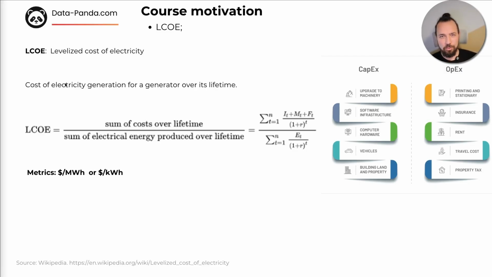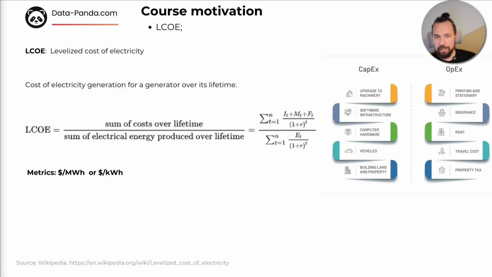And that's the reason why you will see it very often in metrics like dollars per megawatt hour or dollars per kilowatt hour, because it makes it much easier to compare, because people buy in the same metric, like you pay for kilowatt hour or watt hour or whatever. So the simplest form of LCOE is just total lifetime cost divided by total lifetime energy produced. It's quite simple, yeah?